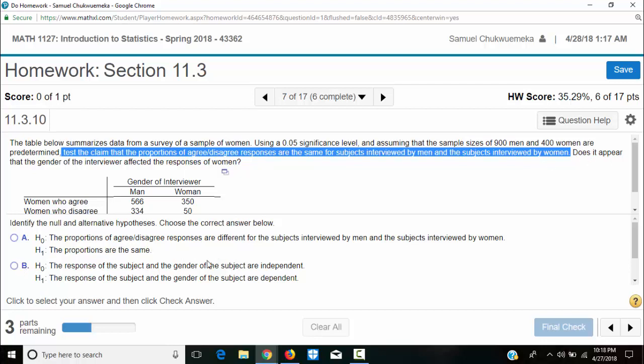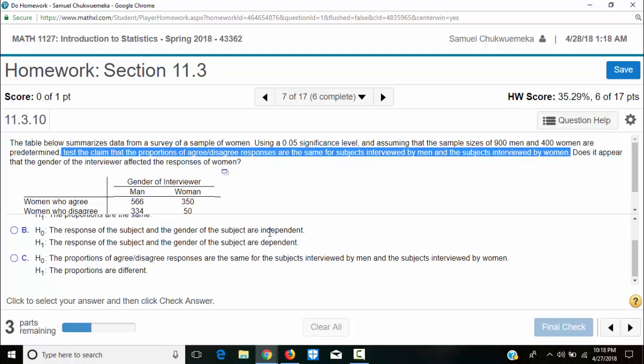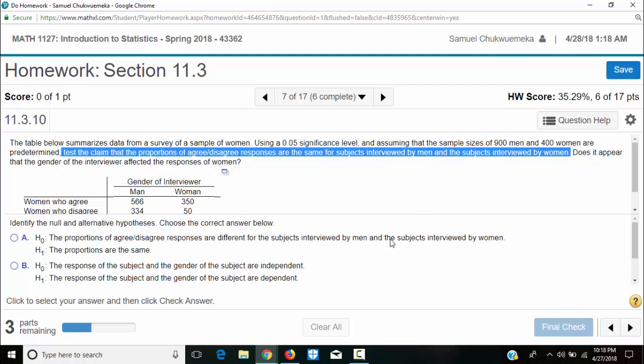No. And some people might say this: response of the subject and the gender of the subject are independent, response of the subject and the gender of the subject are dependent. Some people might go ahead and say this, but this is the thing here. Test the claim that the proportions of agree or disagree responses are the same for subjects interviewed by men and the subjects interviewed by women.